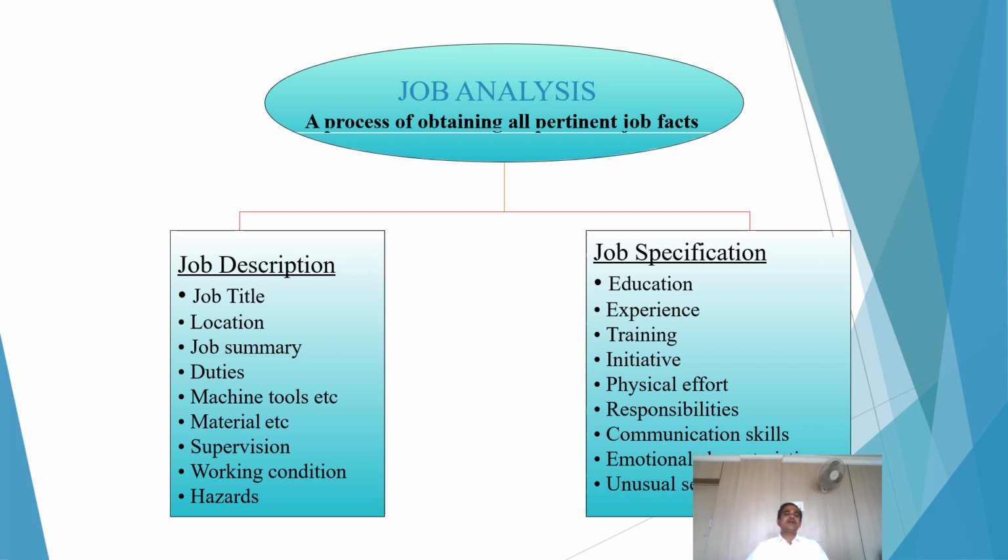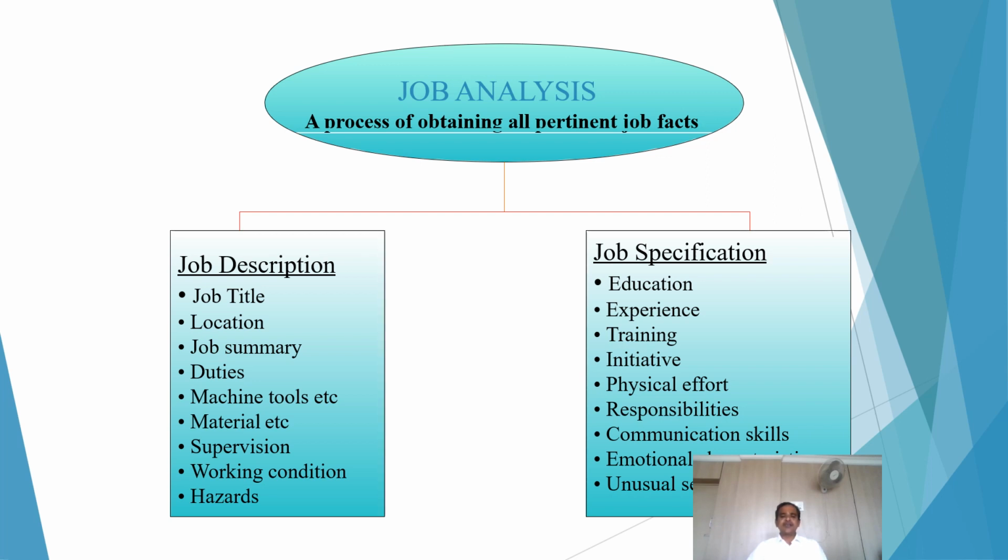To perform this job role, what kind of qualities that particular role requires, like education or experience, what kind of training is needed by the incumbent, or initiative by the incumbent. Then what about the physical ability or physical competency required for a particular job role.